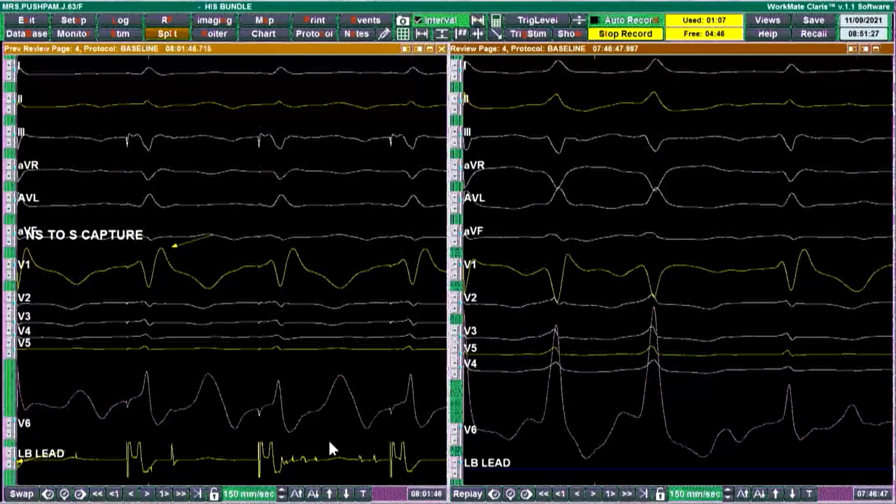That means till 0.5 or 0.4, you will be capturing the septal myocardium as well as the left bundle. Once you reduce the output to less than 0.4, there will be a loss of left bundle capture, and since your lead is a little away from the left bundle, there will be a capture of septal myocardium. So non-selective to septal capture or non-selective to selective capture, both of these are markers of confirming conduction system capture.